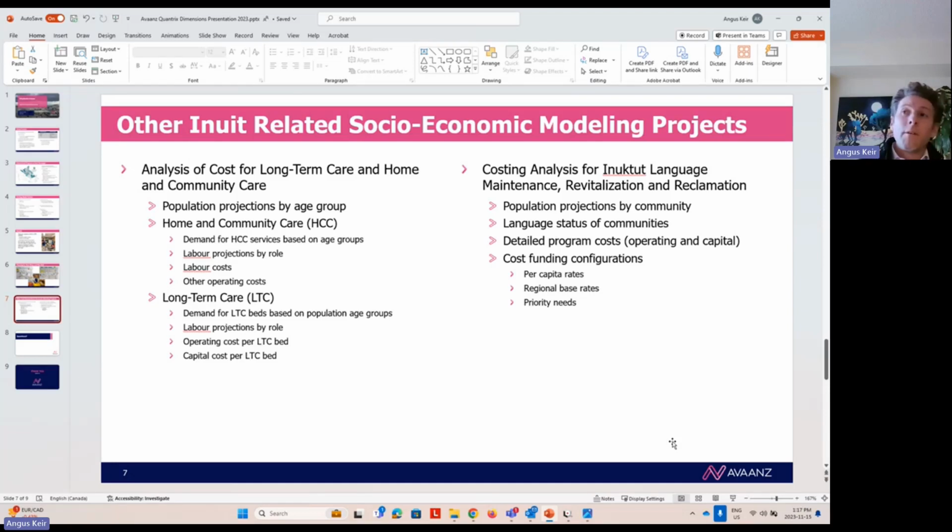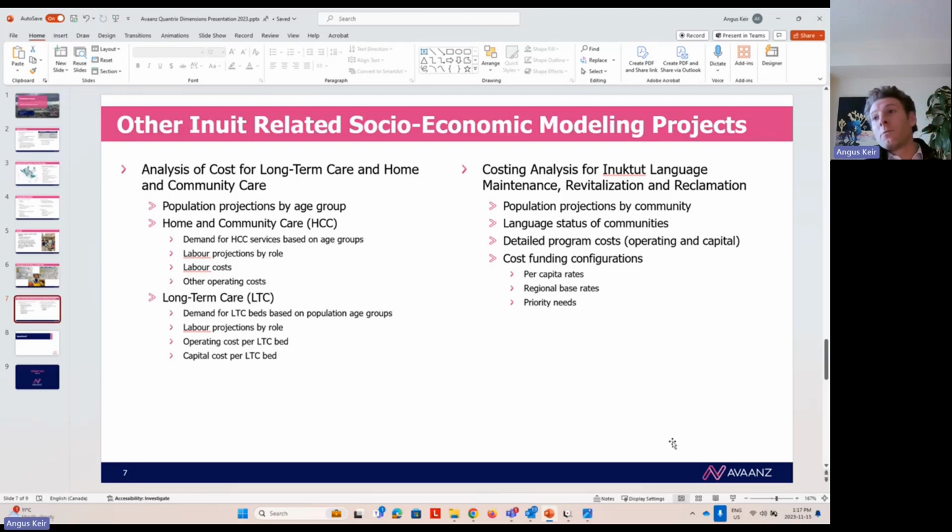And again, we'd have to go to the internet for that and talk with specialists. So we use government reports, government studies, health studies, to look at, okay, within this age range, you can expect this many people have a need for home and community care. And within this age bracket, it might be different. So then we found out, okay, this is the demand for the home and community care service.